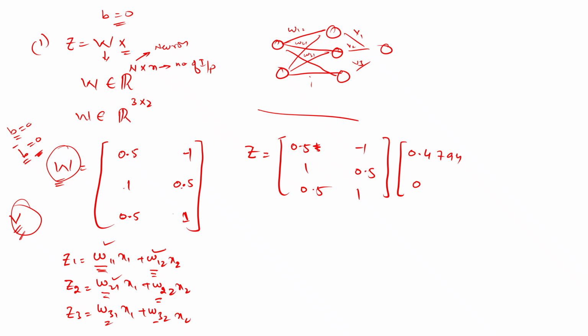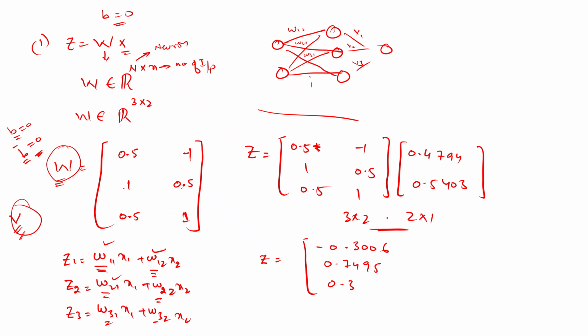Yeah, we already saw this in the previous slide. This is the value of x. Just to check the dimensions, this is 3x2, right? And this is 2x1. So the matrix multiplication is compatible, and we will obtain z, a vector with the values -0.3006, 0.7495, and 0.3006.